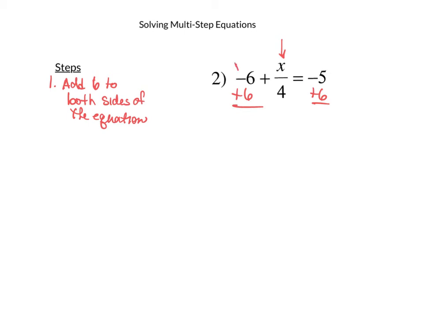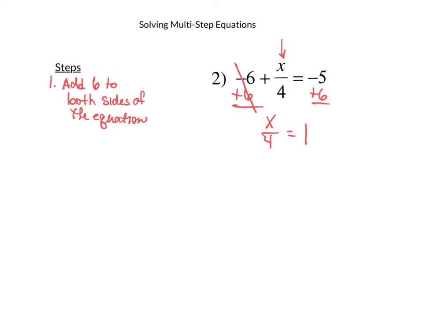According to our integer rules, -6 plus +6 is 0. So that leaves x over 4 on the left. -5 plus +6 is +1 on the right.